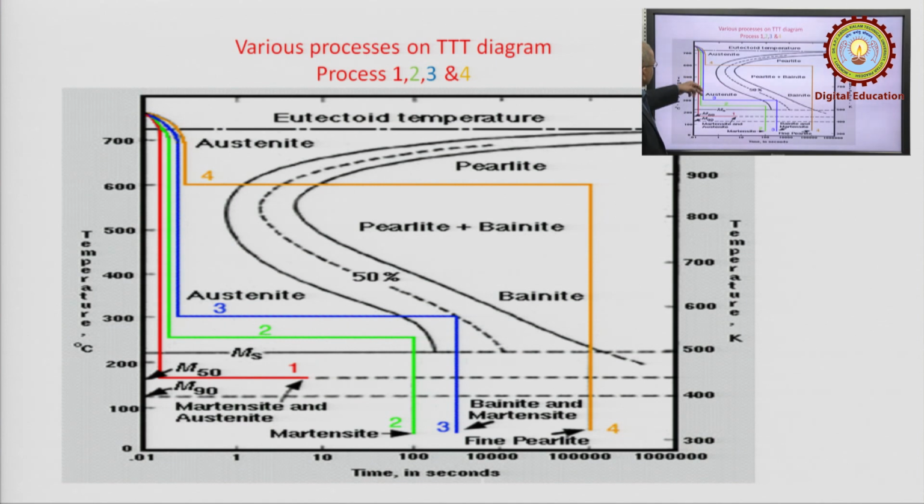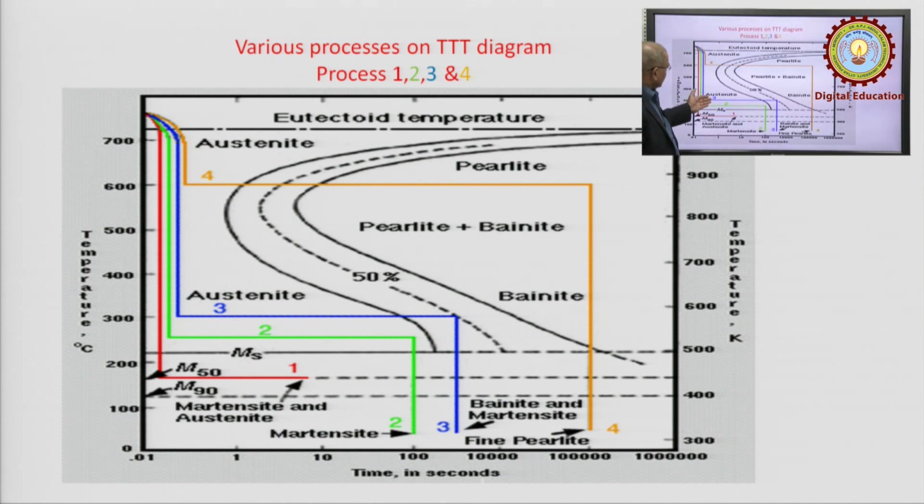Take process 3, which is represented by blue color, again drastic quenching down to a temperature of 300 degrees centigrade from beyond 723 degrees centigrade. At this 300 degrees centigrade, when the temperature has been reduced, isothermal transformation starts, meaning further drop in temperature is arrested.